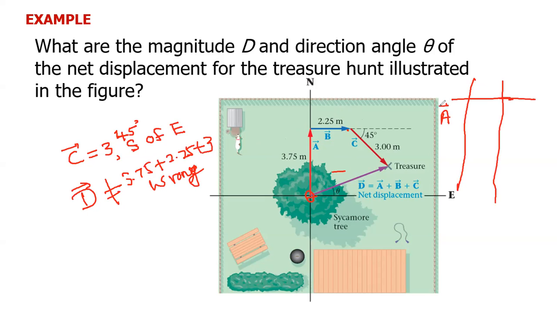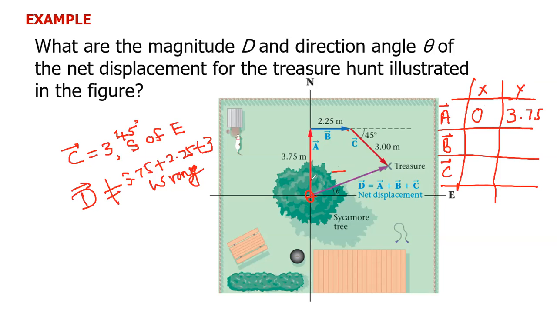You have three vectors A, B, and C. Find out the x component, find out the y component. For vector A, I can easily see the x component is 0. Why? It's going upward, north, or positive y direction, and the y component is positive 3.75.